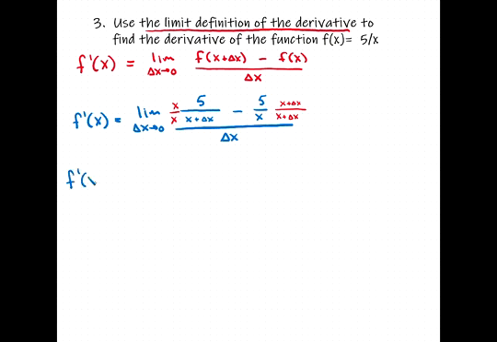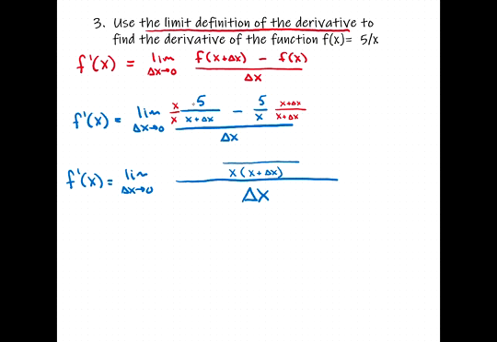So f prime of x should equal the limit as delta x goes to 0. Okay, so we have delta x on the bottom. On top, we've got our common denominator of x times x plus delta x.